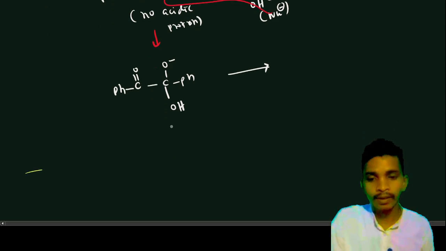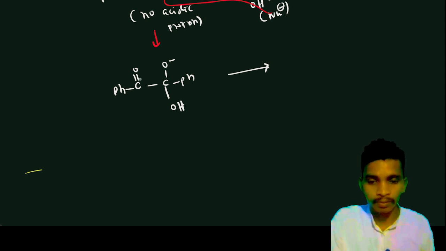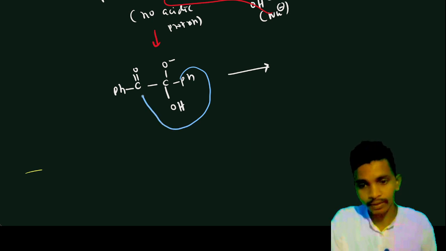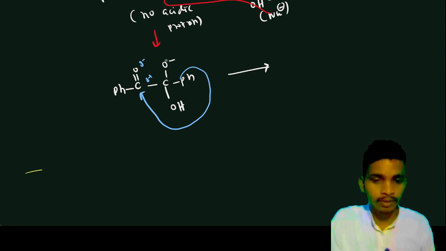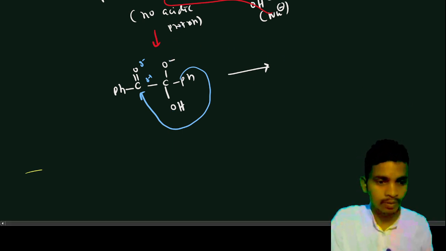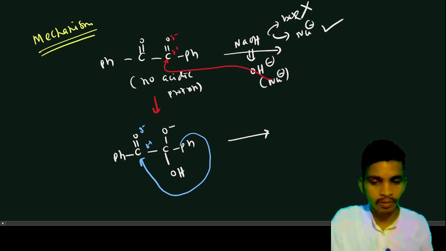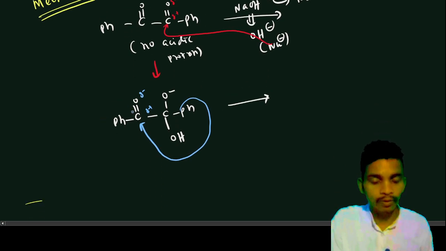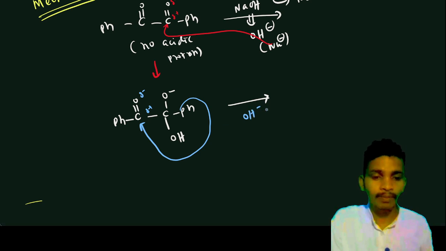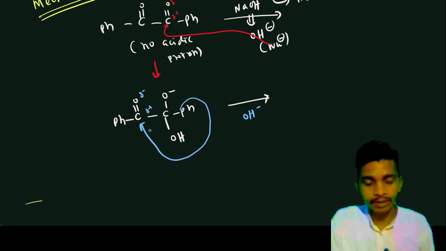Since this is an electrophilic center, the PhO minus will attack this electrophilic center, because here again delta negative and delta positive are there. Since the electrophilic center is there, we know that OH minus is also present, but before this OH minus attacks this electrophilic center, this Ph will attack this center.